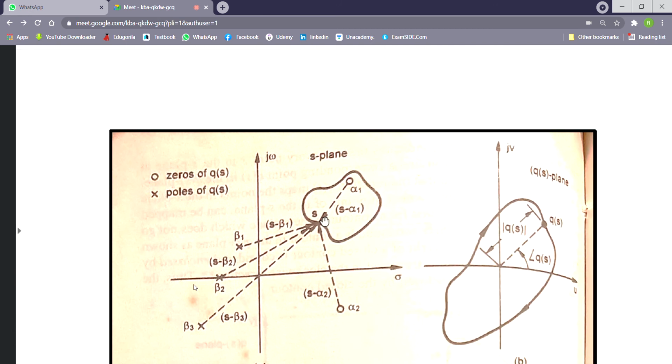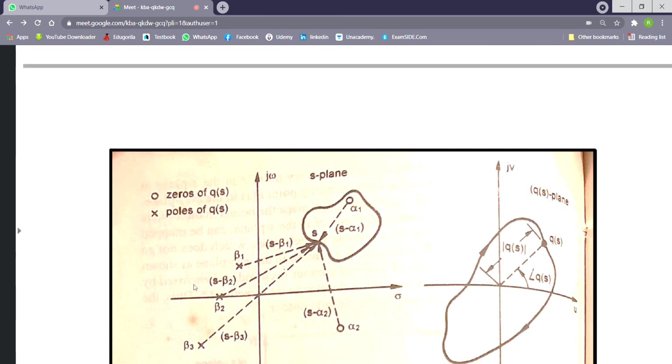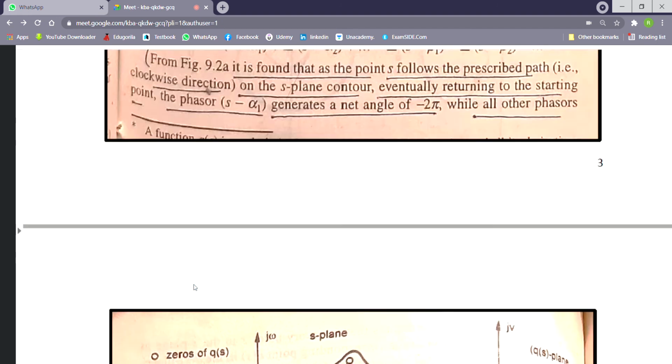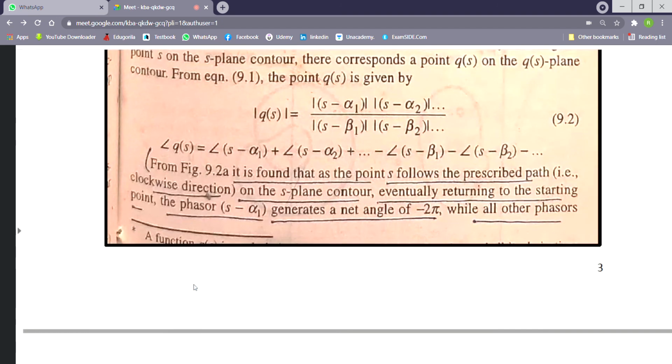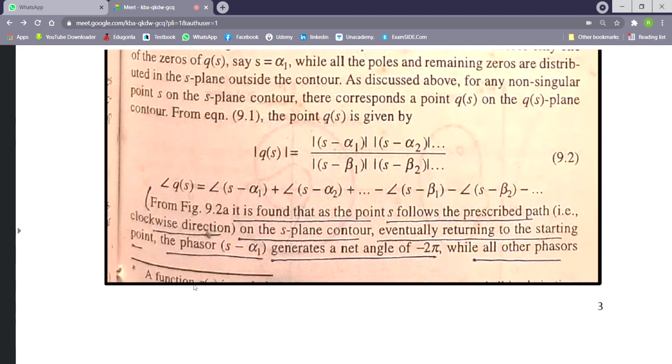Now, as we traverse along this contour, the value of S will change. Yes or no? That means this magnitude QS will change for different values of S taken on the contour.